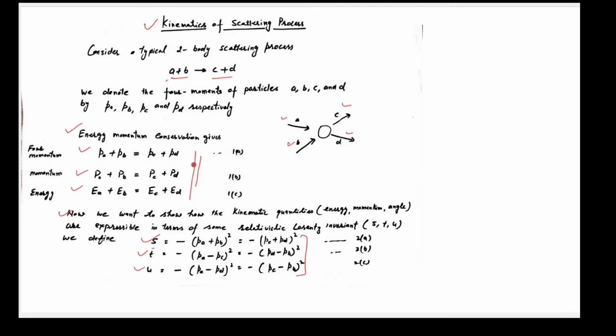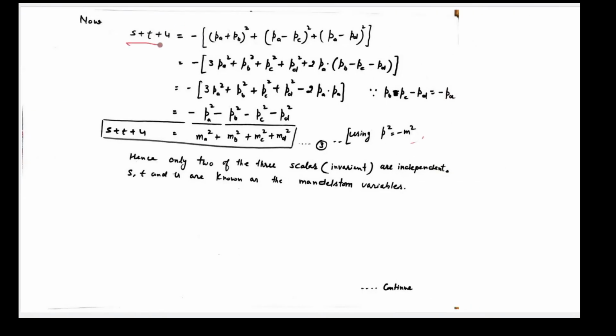By using this relation, we can write S, T, U in this form also. Next, take the summation of S, T and U. We will get this, and now we will solve it. We will get P_A squared three times, plus P_B squared, P_C squared, P_D squared, and some mixed terms. Now using equation 1 we will get this, and after solving we will get this.